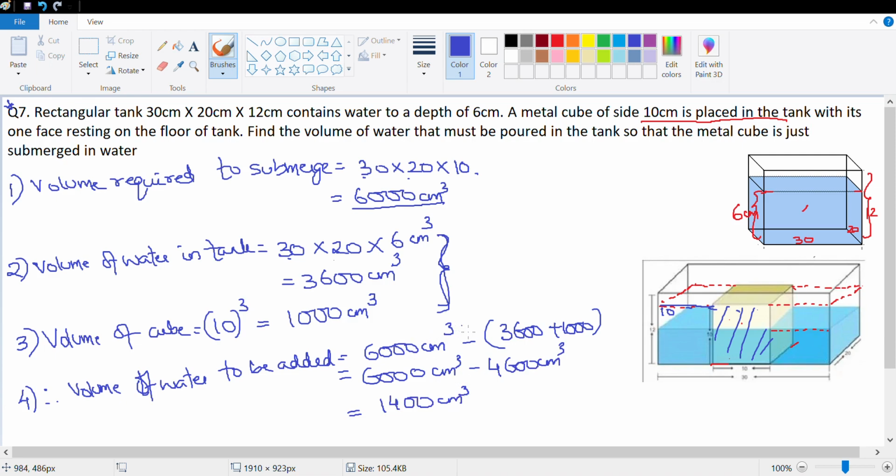Do they want the answer in a specific unit? No, 1,400 centimeter cube. You can also give the answer in liters, which is 1.4 liters. Just a conversion reminder, 1,000 centimeter cube is equal to 1 liter and 1 meter cube is equal to 1,000 liters. Perfect. So that finishes this exercise for me.